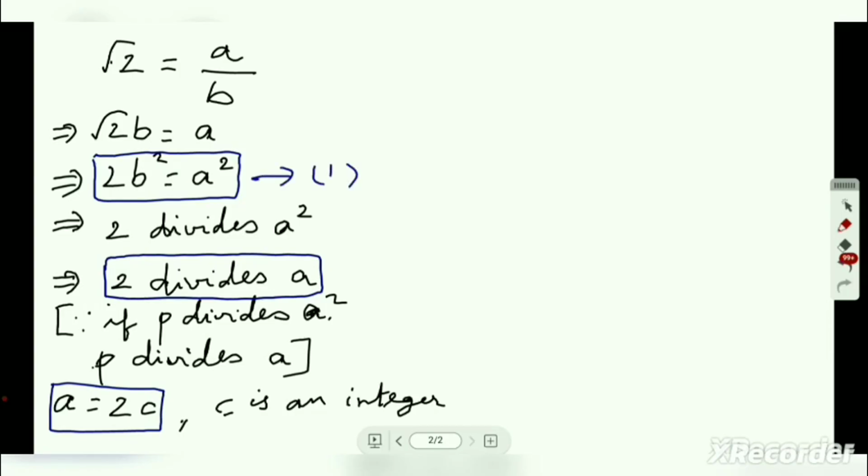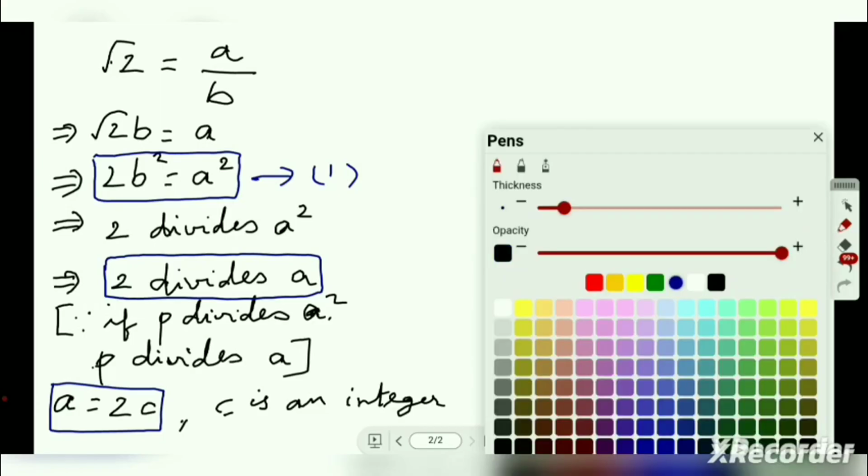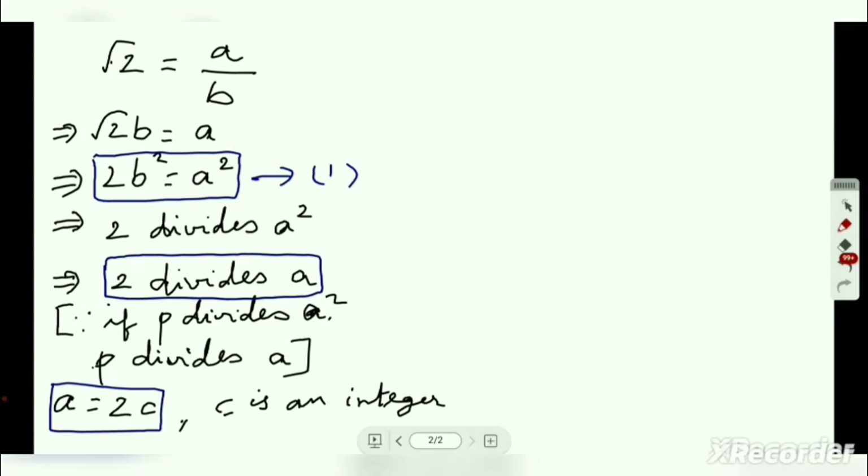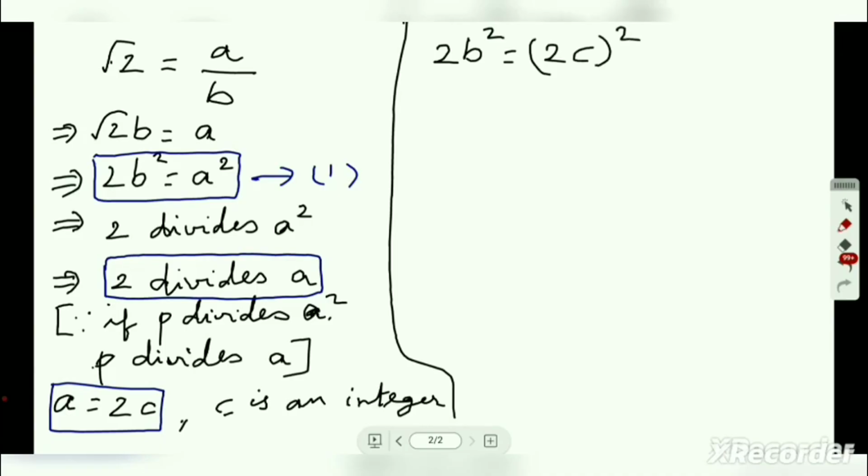If I substitute a is equal to 2c in this equation, what am I going to get? I'm going to get 2b square is equal to, in place of a, 2c whole square. So 2b square is equal to 4c square. If I simplify it, I get b square is equal to 2c square.